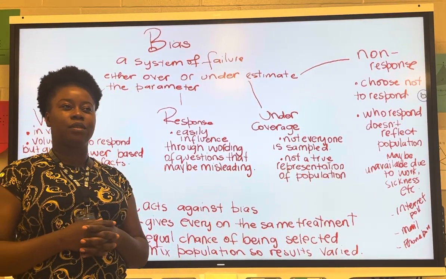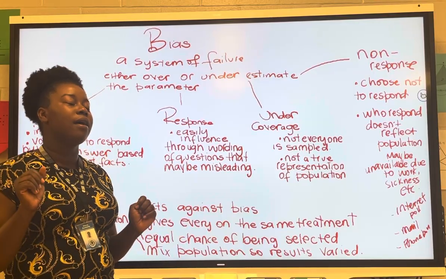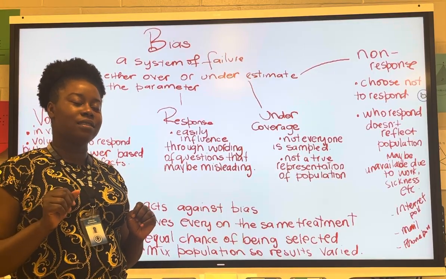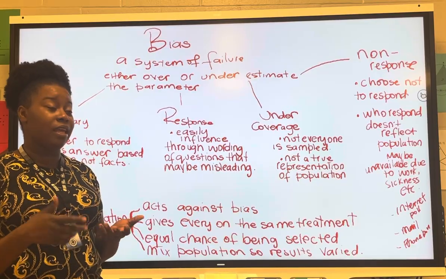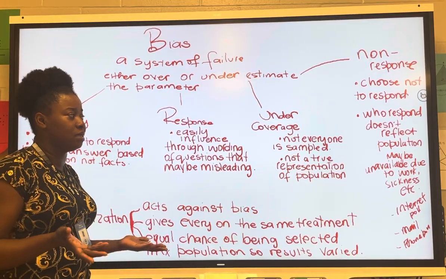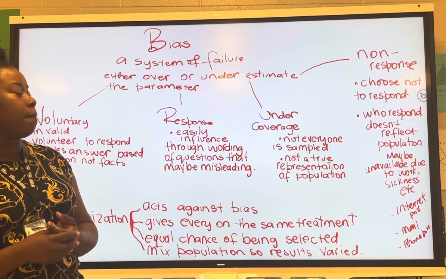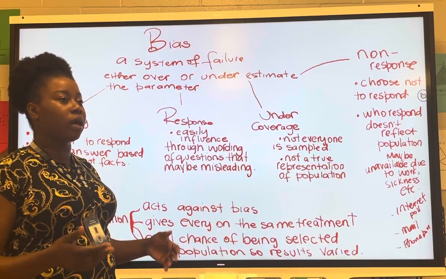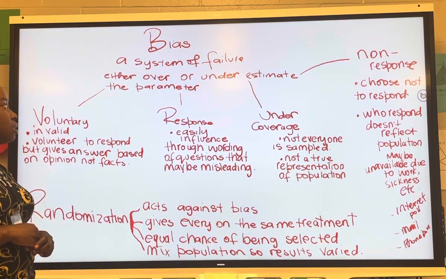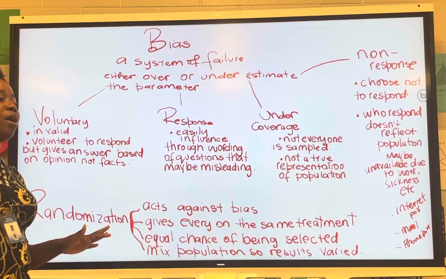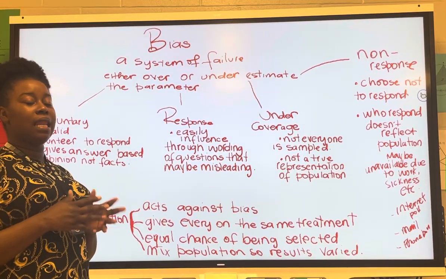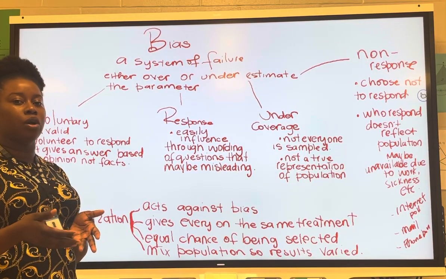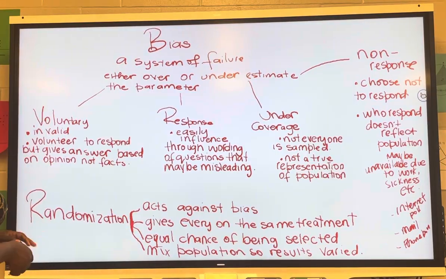Some researchers will give you long surveys to answer through your mail or email, and you choose not to respond because that's too long and time consuming. Sometimes these people are also unavailable due to work, sickness, and other reasons. So bias is everywhere. In our sampling, we try to eliminate these because they affect the outcome of our study.